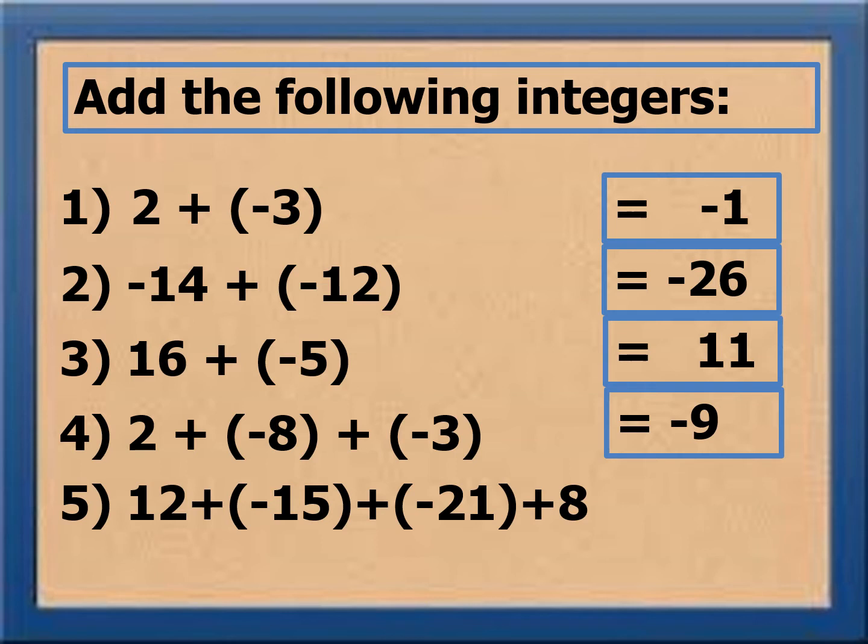So negative 3 plus negative 21 is negative 24. Okay, and negative 24 plus 8 is equivalent to negative 16. Do you have questions regarding the addition of integers? Okay, none so far. So let's proceed.